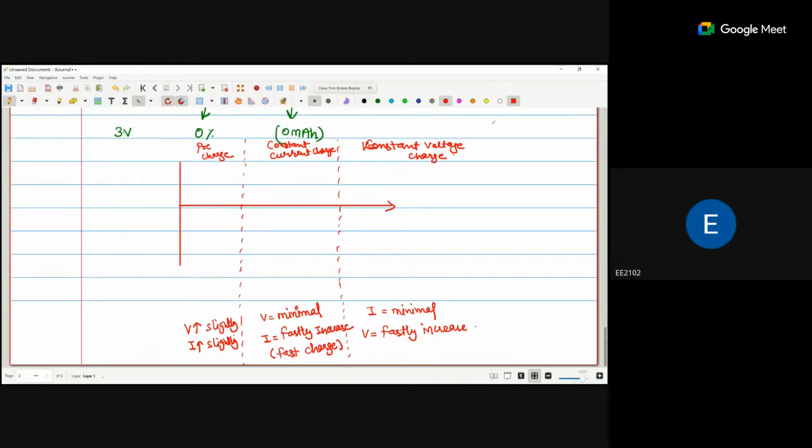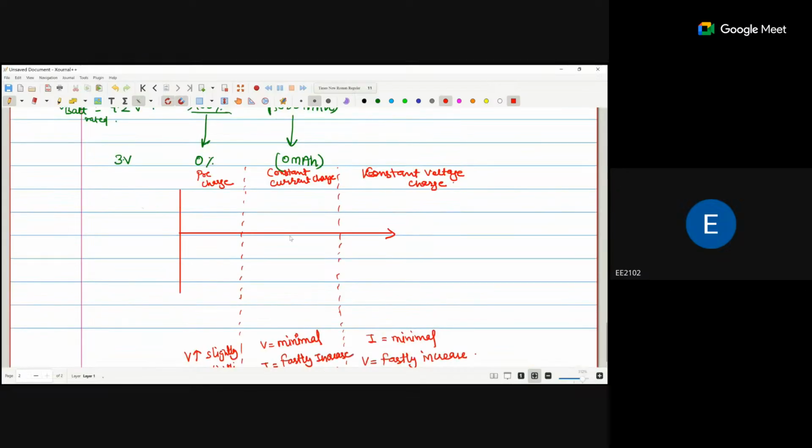So if I take the example that my 3 volts is there, with 0 milliampere, in this state my voltage will increase from 3 to 3.3 and the current will increase from 0 mAh to 500 mAh.